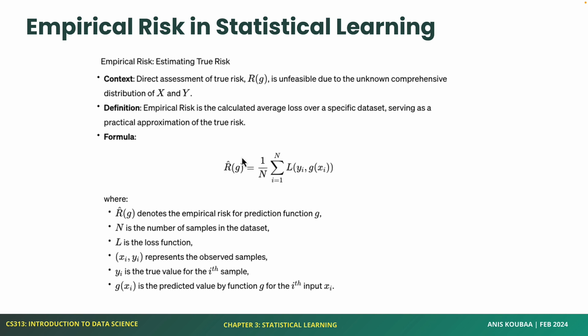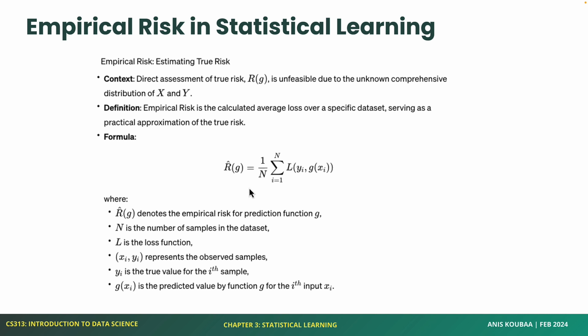So hat usually in statistics or in machine learning means predicted, or empirical. So this is an empirical estimation of the risk, which will be equal, instead of writing the expected value, which is not possible, to just the average based on a certain sample size n, and we make the sum of all losses over all the pairs y_i and g(x_i). So we have a data set x1, y1, x2, y2, x3, y3, and so on.